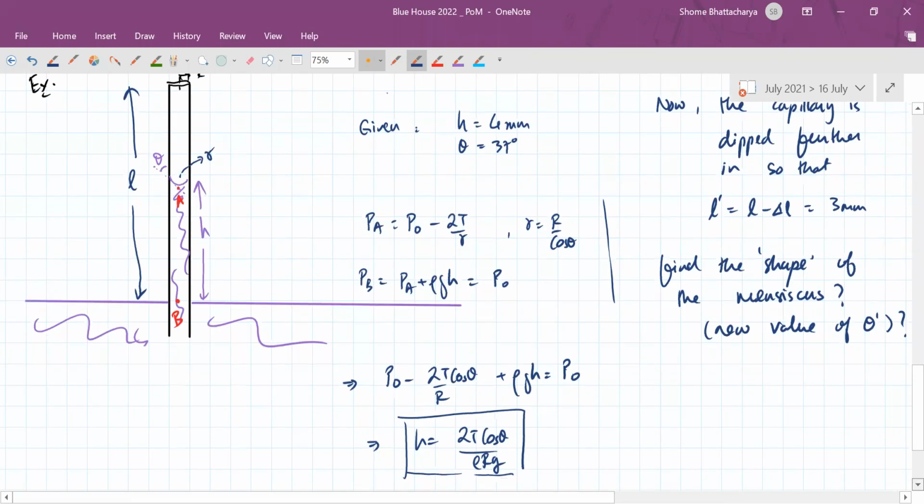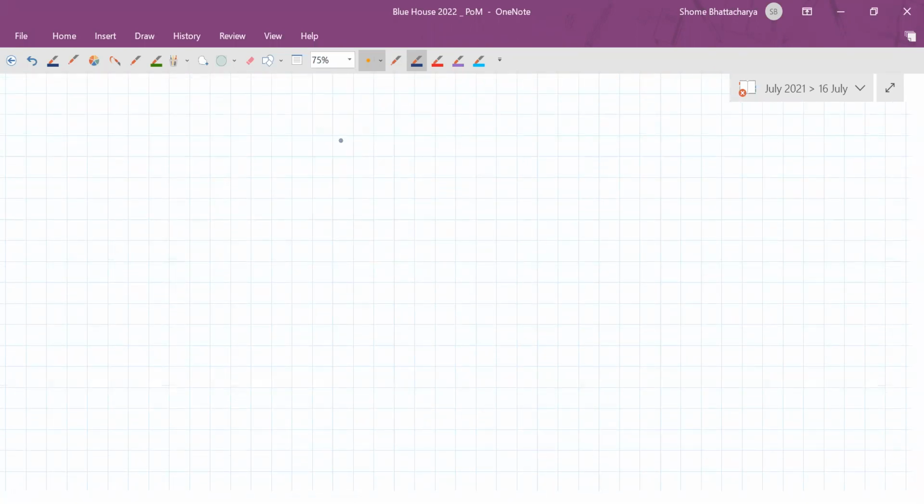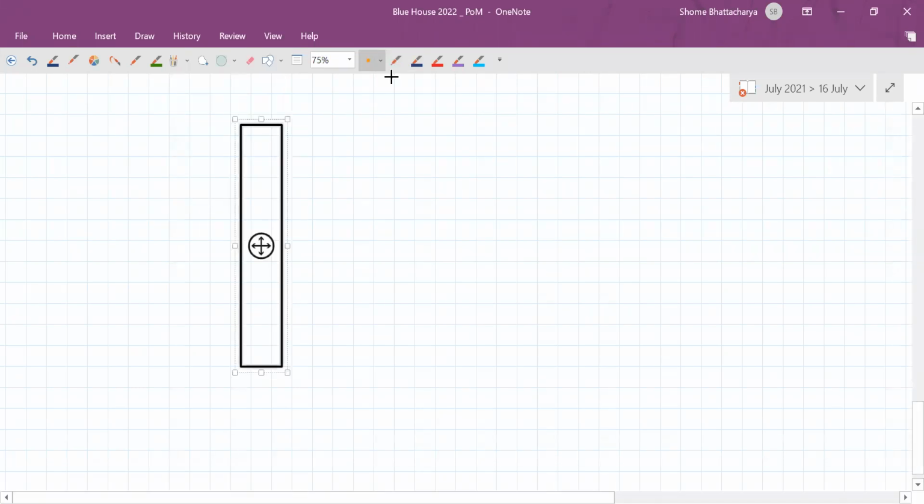Now what happens is, if I dip this in further, you can see that the liquid, originally, when it is in that shape of meniscus as it was before, is not able to create the required pressure difference.